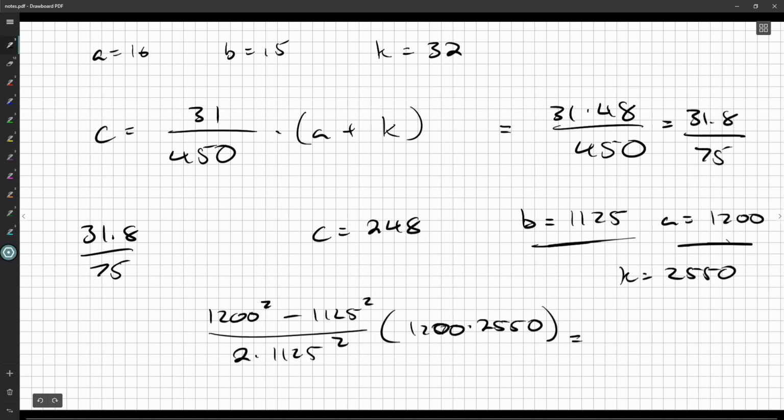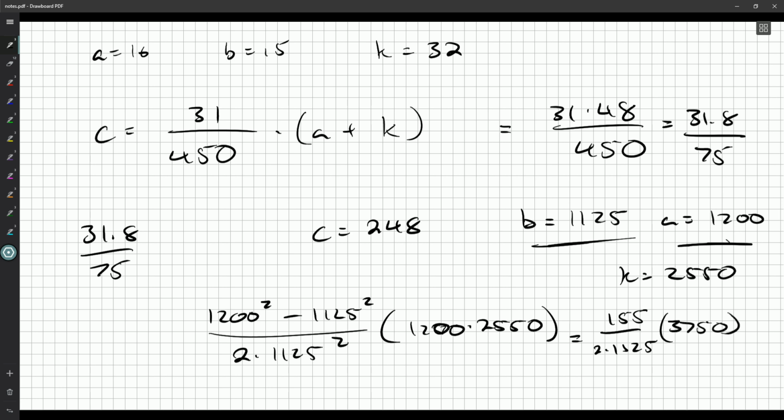I'll get 155 over 2 times 1125. 1200 plus 2550 is 3750. Divide that by 1125, you get 3.3 repeating. Divide that by 2, multiply it by 155.